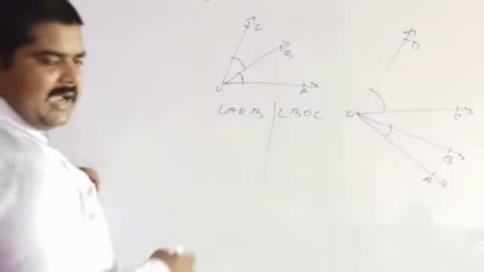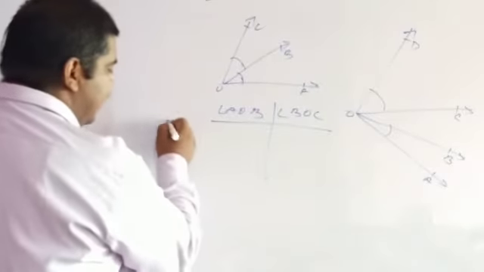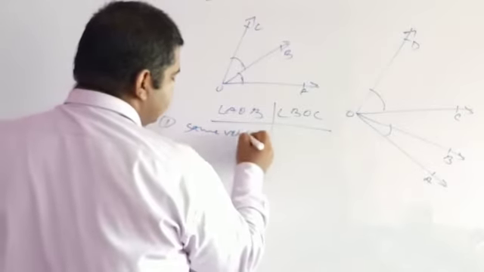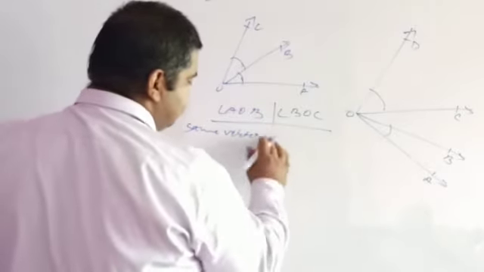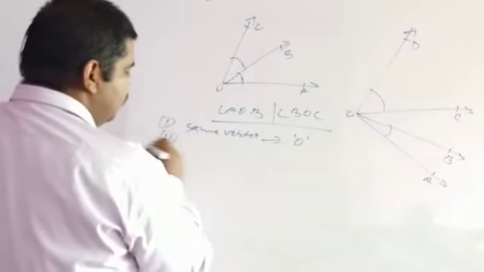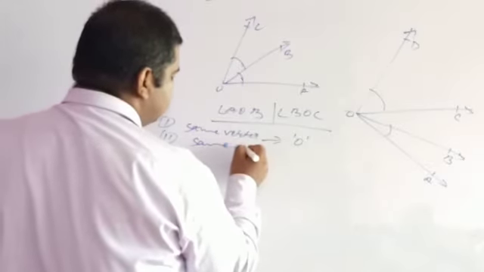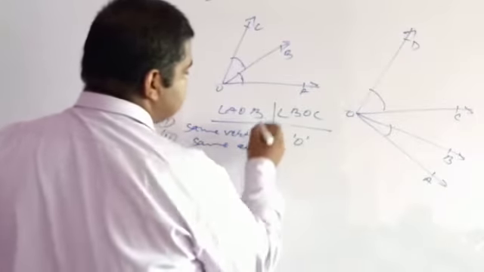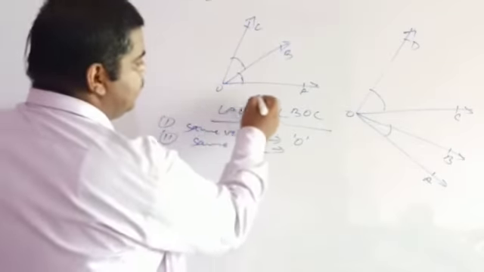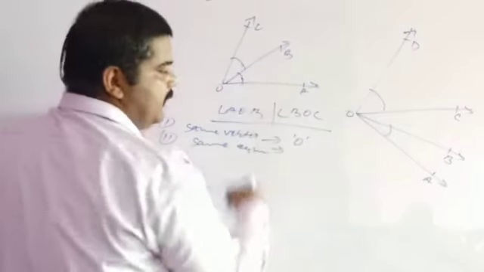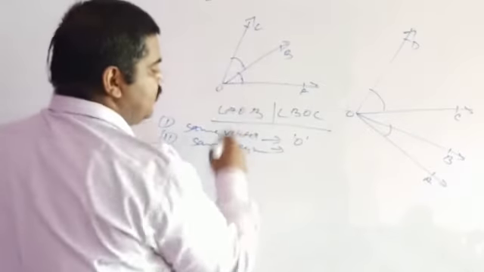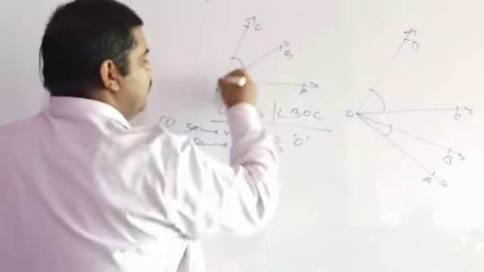First, they have the same vertex, O. Second, they have a common arm: angle AOB is made of OA and OB, and angle BOC is made of OB and OC, so OB is common.